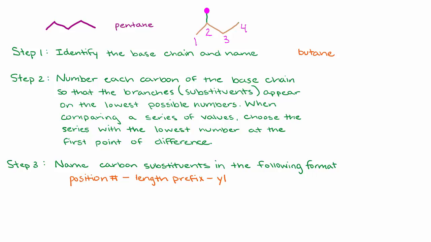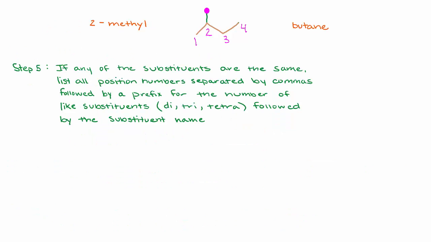We will therefore name this substituent 2 for the position on the base chain, meth for one carbon atom, and yl, so 2-methyl. If the molecule had more than one substituent, we would proceed with steps 4 and step 5. As this compound has only one substituent, we will skip these steps for now.